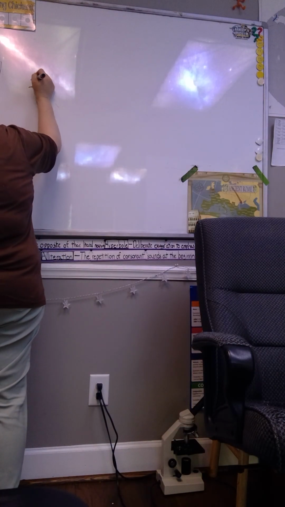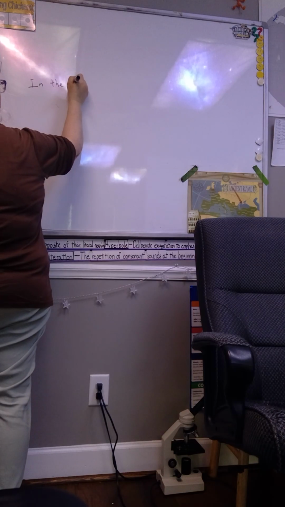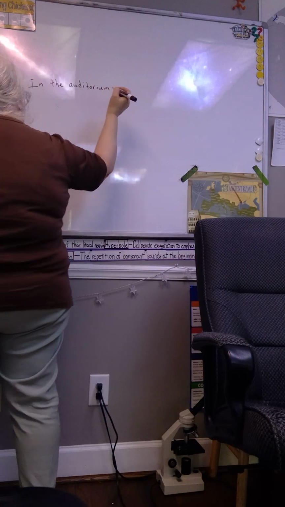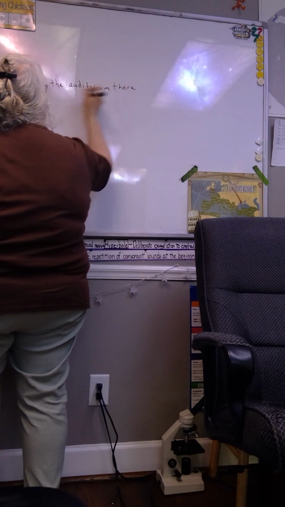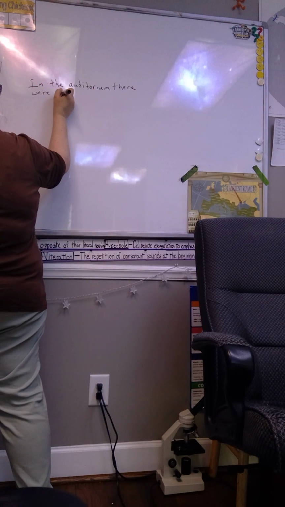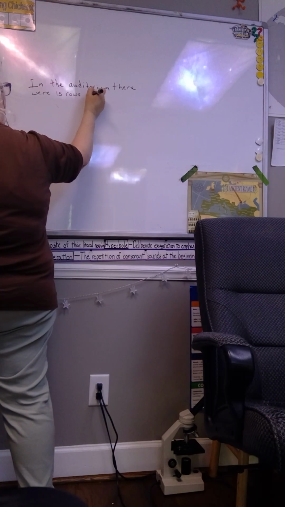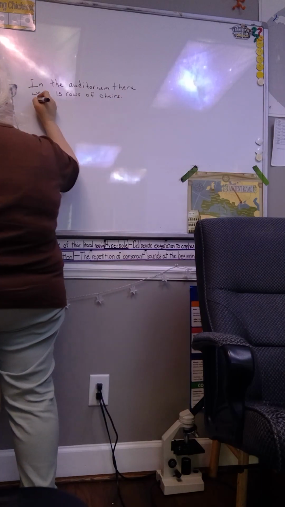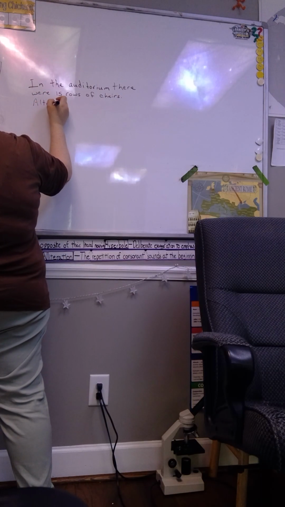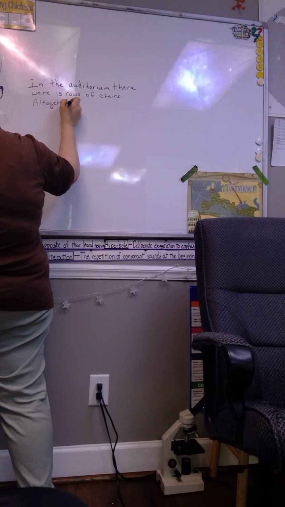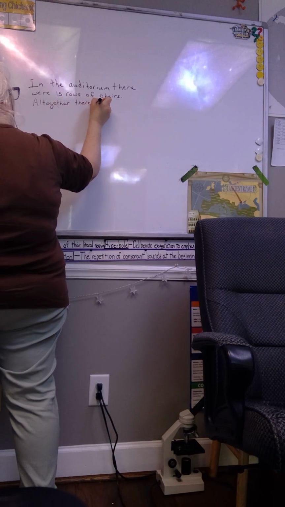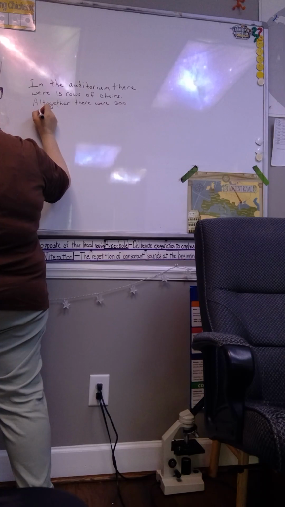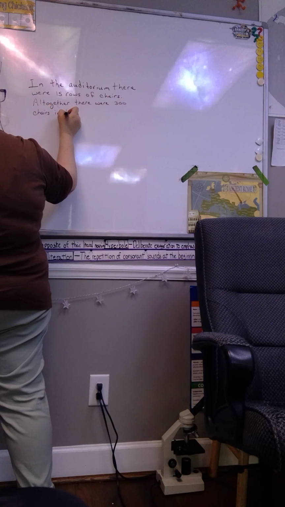In the auditorium, there were 15 rows of chairs. Altogether, there were 300 chairs in the auditorium.